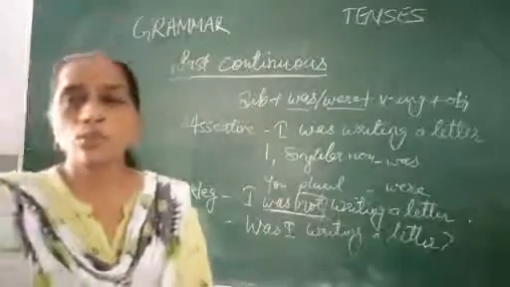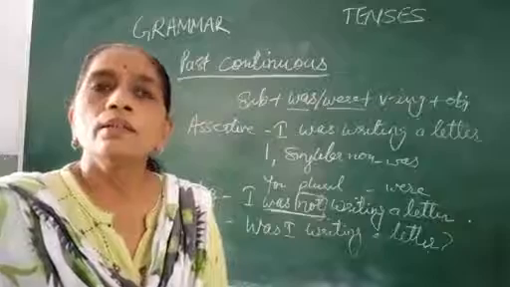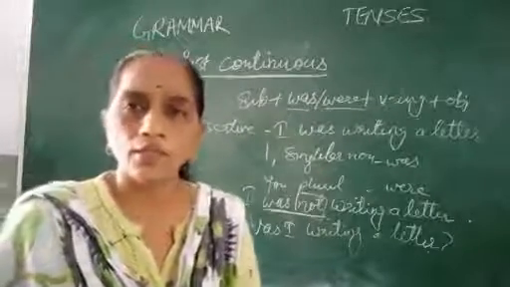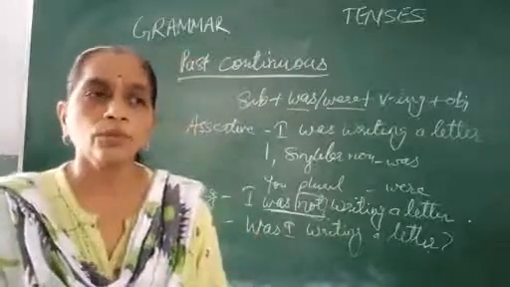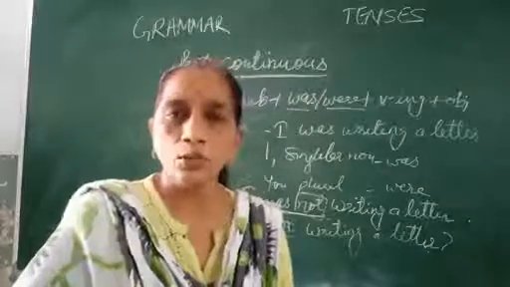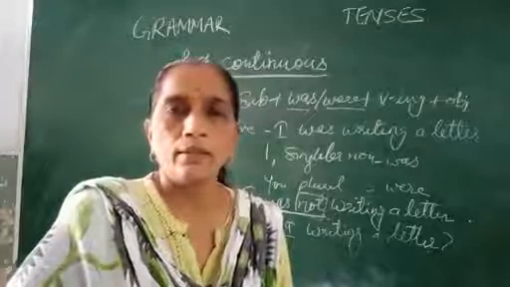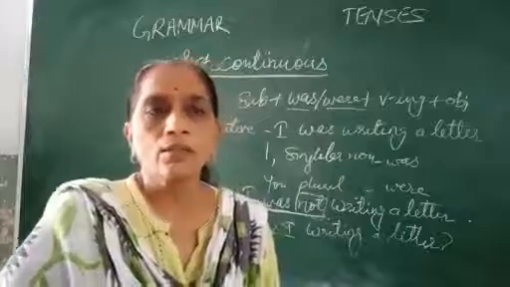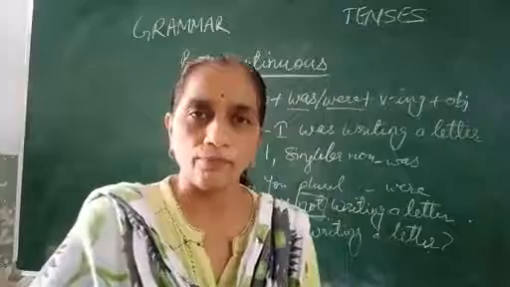Now its use. First of all, it is used to show the continuity of an action at certain point of time in past. Past में कल को action हो रहा था. Like when I reached home my mother was cooking delicious food for me, or my mother was baking a cake for me.